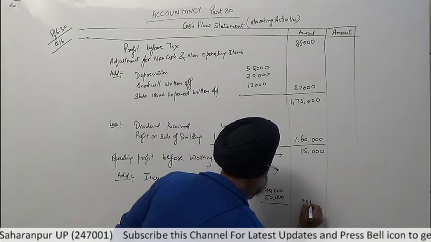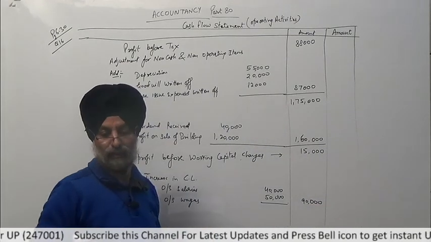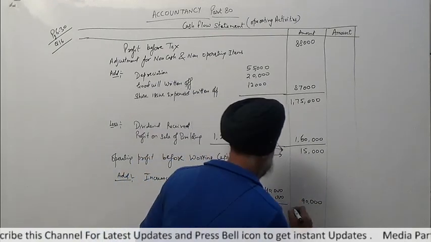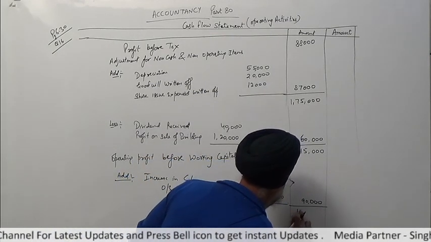The total of it is 90,000. So add this and we get 1,15,000.